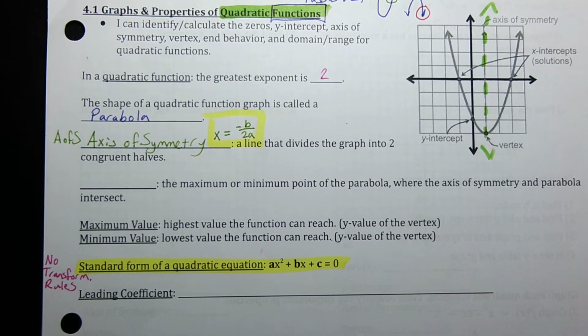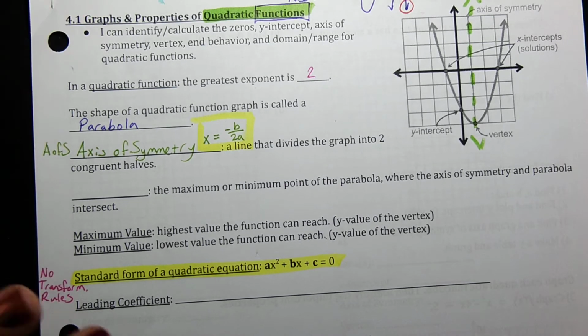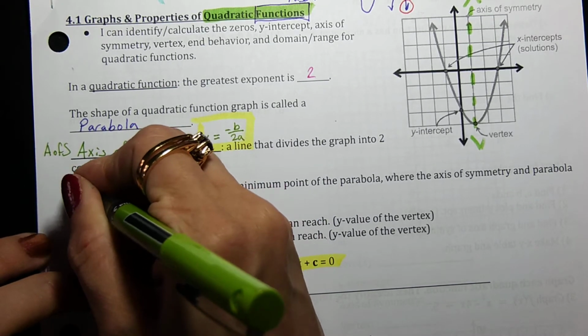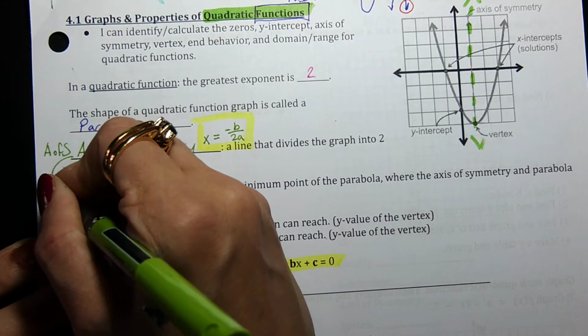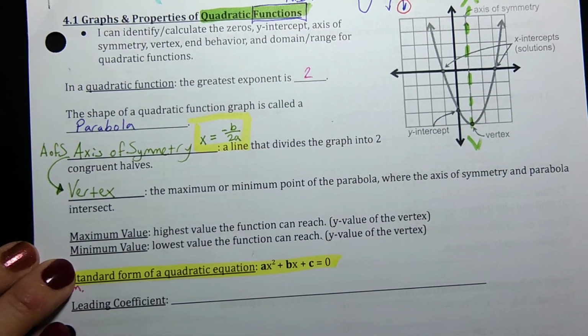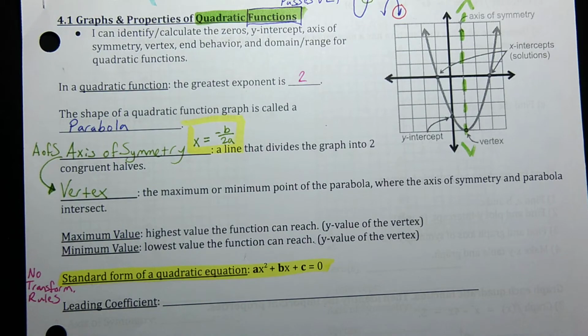So if we don't know where that vertex is, we're going to have to use other methods for graphing. We're going to be using our axis of symmetry because that will lead us to our vertex. So the axis of symmetry is what helps us find the vertex of the parabola.